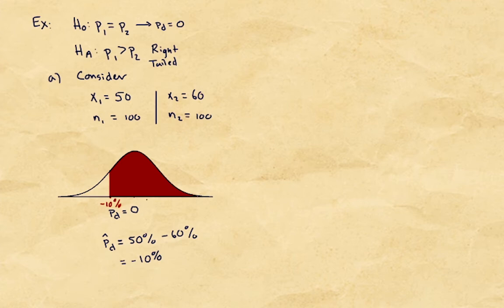And the reason that happens is because we're checking to see if P1 is bigger than P2, and in our sample data, it is not. It actually came in smaller. So if you ever have sample results that disagree with the alternative hypothesis, then you're going to end up with a p-value that's bigger than 50%. And that's just weird and something's wrong.